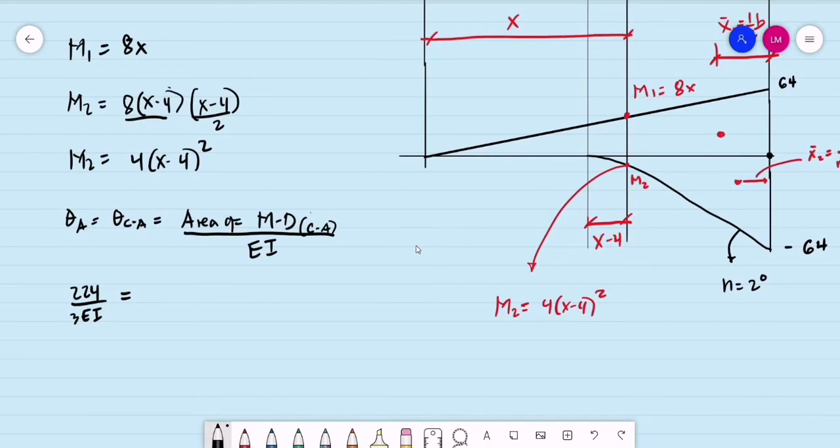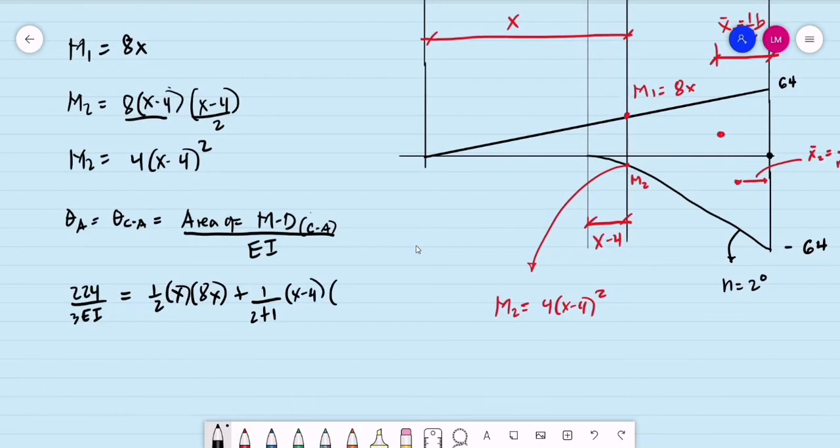So for the triangle, that is 1/2. What is the base? The base is x. What is the height? That is 8 times x. Then this is plus. For the spandrel, that is 1 divided by the degree, which is 2 plus 1. The base is x minus 4. What is the height?